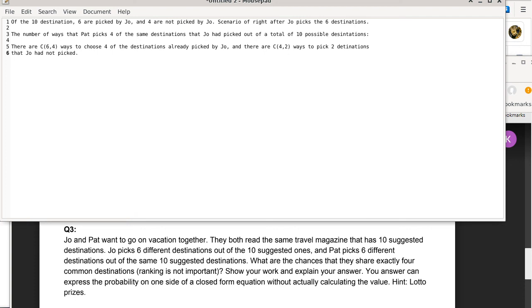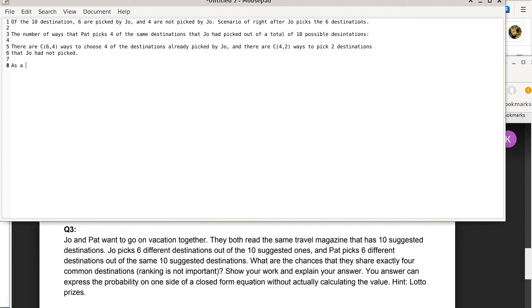If you break up what Pat is going to pick, there are 6 choose 4 ways to choose 4 of the destinations that Joe had already picked, and then of the remaining 4 destinations on the list of 10, there are 4 choose 2 ways to choose 2 destinations that Joe had not picked. And obviously my mousepad does not do spell check. Okay, there we go, destinations.